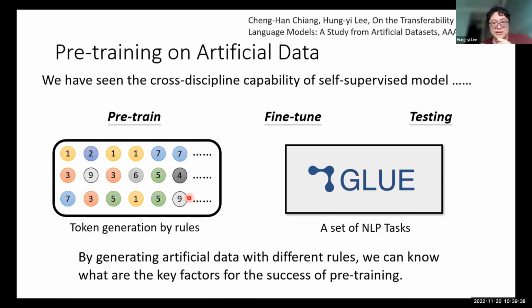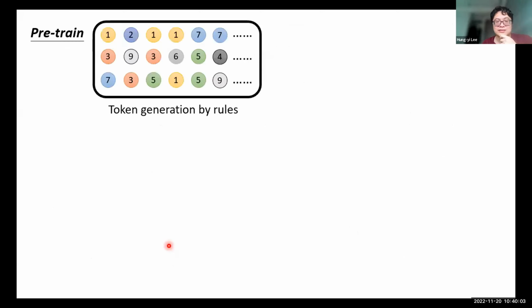Because by generating different kinds of sequences, we can make our pre-trained model have different capabilities. And we want to know what is the key factor for the success of pre-training. If we have pre-trained models with different capabilities, we can know which kind of capability is most important for the success of pre-training.